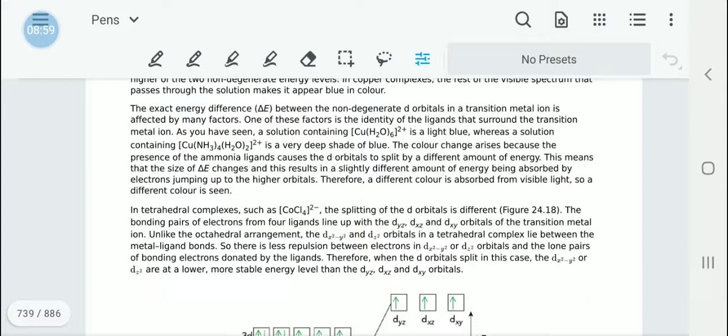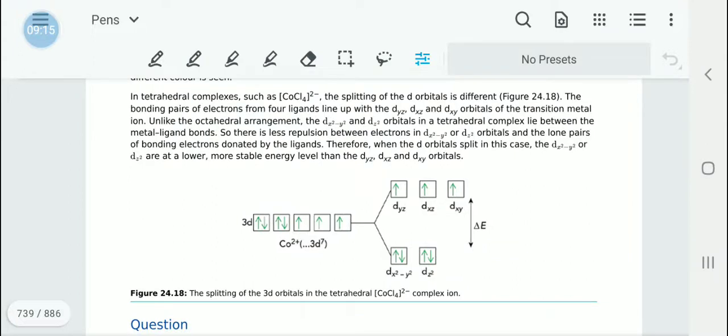That means a different color is absorbed. As a result, a different color is seen. Now, that is for octahedral complex.